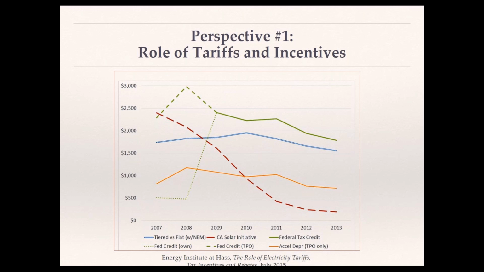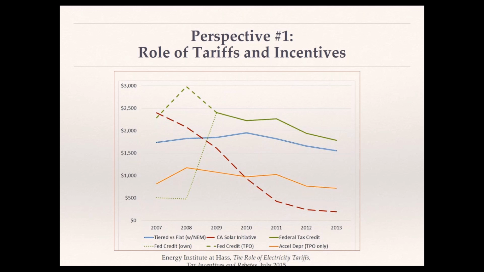Accelerated depreciation for PPAs, or power purchase agreements, contributes about 12 to 15% of that value, which is fairly significant, but it's also a factor that is likely to be affected by the new tax rates in the tax legislation. And lastly, the red dotted line shows the role of utility solar rebates.